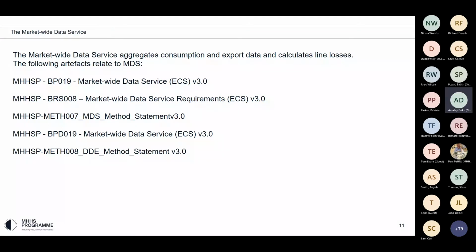Great, thanks. The next question that we've got is, business process 16, consumption amendment, doesn't have the option to amend annualized consumptions. Why is this missing?